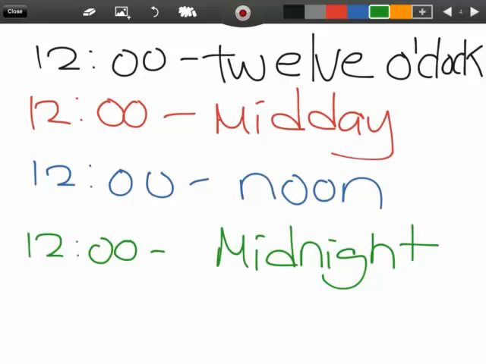So 12:00 has 4 different expressions. One of them is plain 12:00, one of them is midday, the other one is noon, and the last one is midnight, which means middle of night.